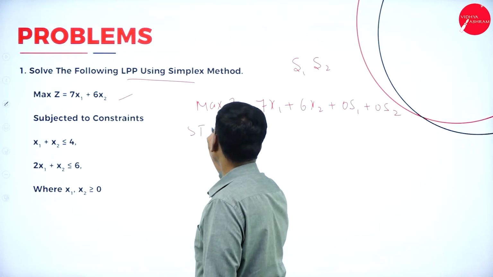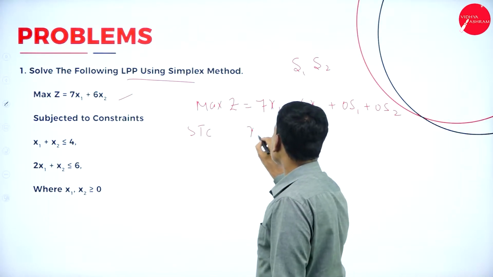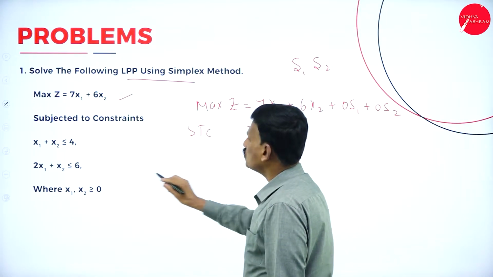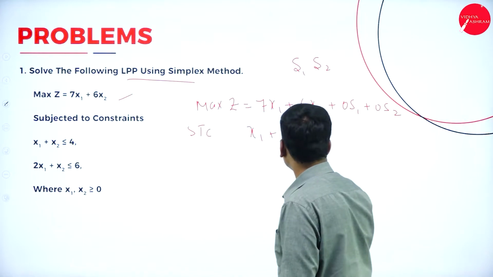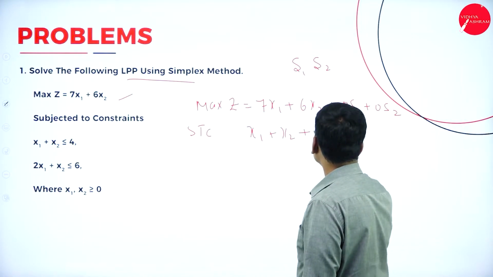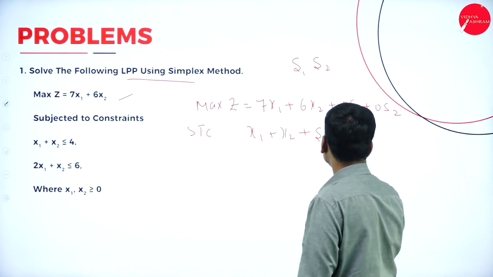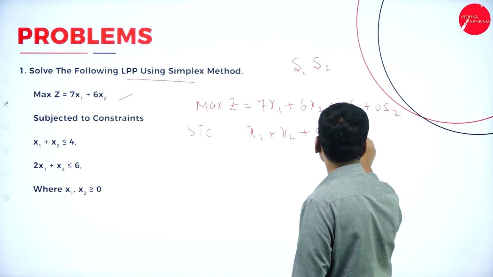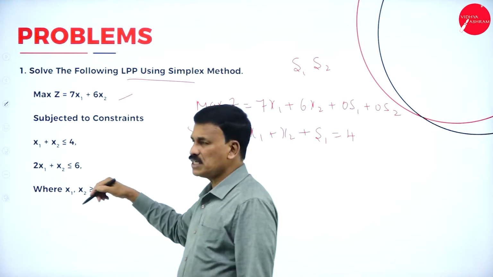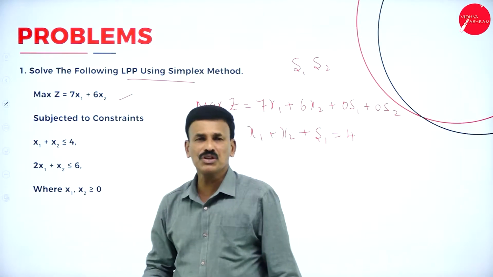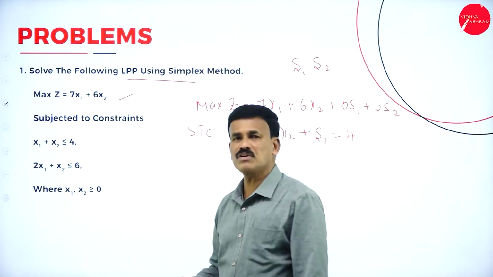Subject to the constraints, what are the constraints? x1 plus x2 less than or equal to 4 is converted into x1 plus x2 plus s1 is equal to 4. So converting these inequalities into equalities, we add the slack variables s1 and s2.